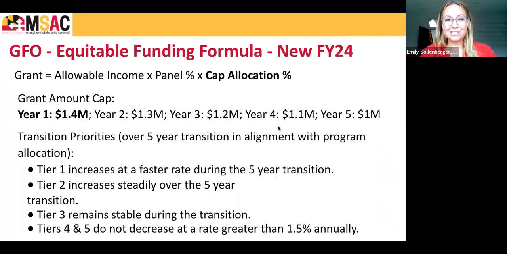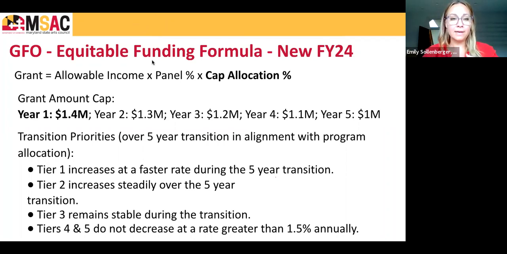And then in addition to the different tiers, this editing panel also helped us determine some other goals that we'll be reaching towards in this new equitable funding formula. We determined that there will be some grant amount caps for certain organizations that might reach higher than $1 million in their award amount. So those are some of our larger organizations.